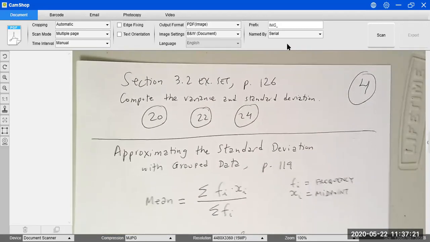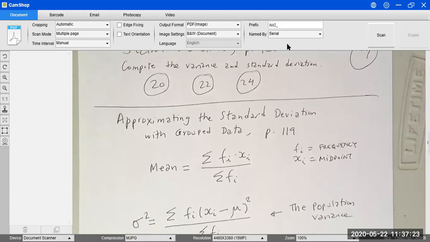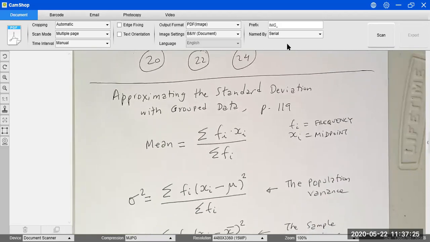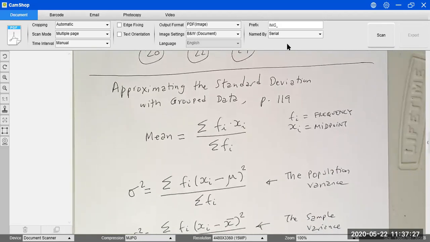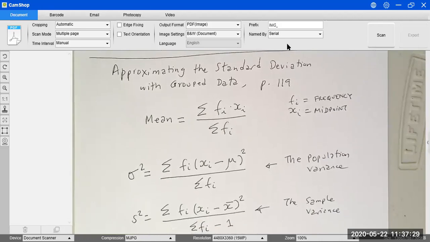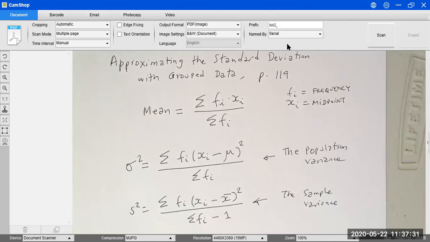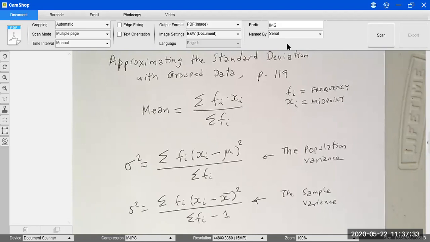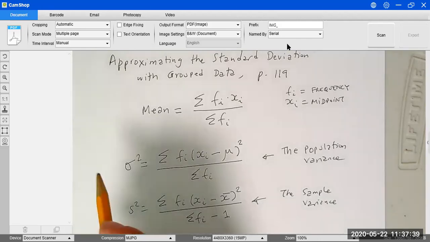So we're gonna use the formulas that we used the last time to compute the mean, and now we have two more formulas to compute the variance of the frequency distribution. So remember, we have a frequency distribution.